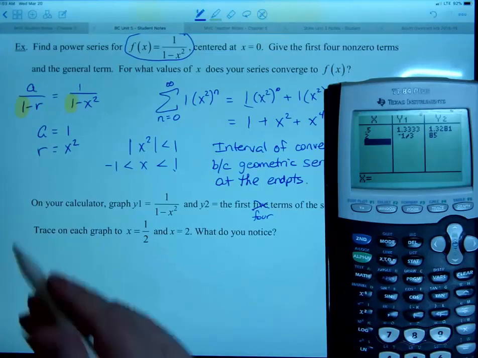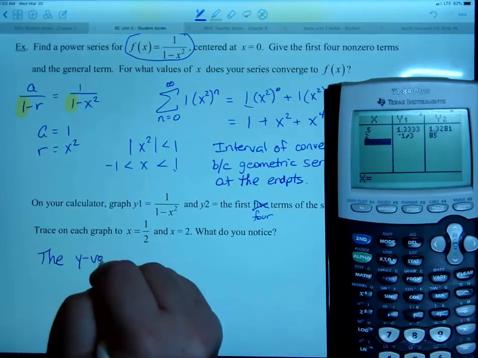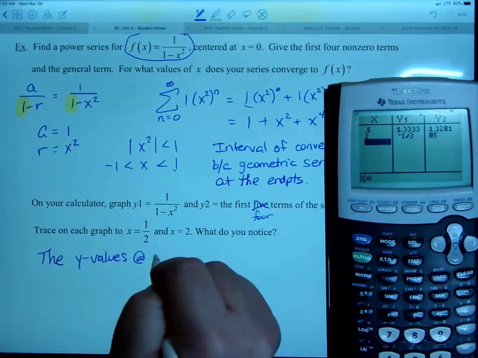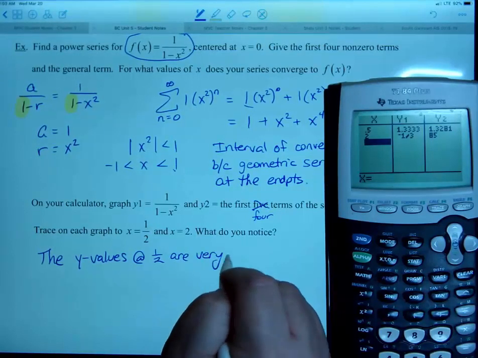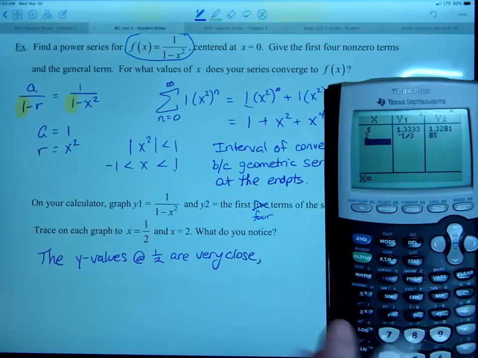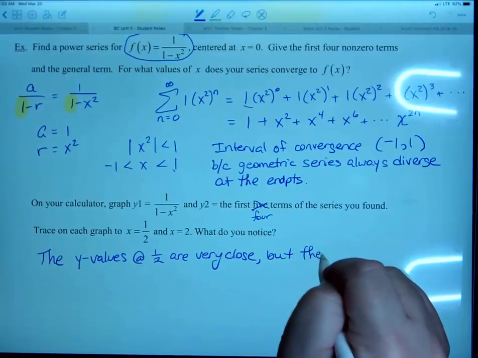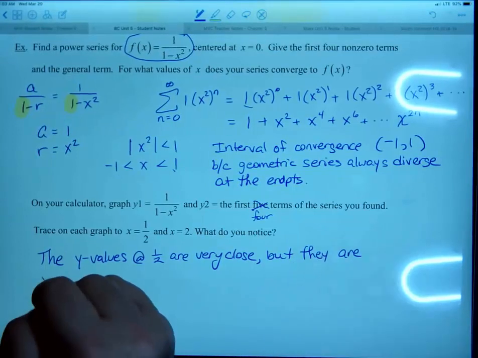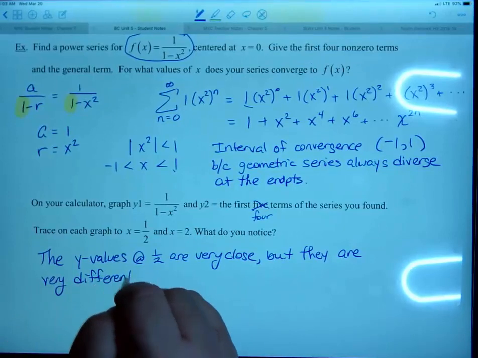So let's write it down. The Y values at 1/2 are very close, but they are very different at 2.